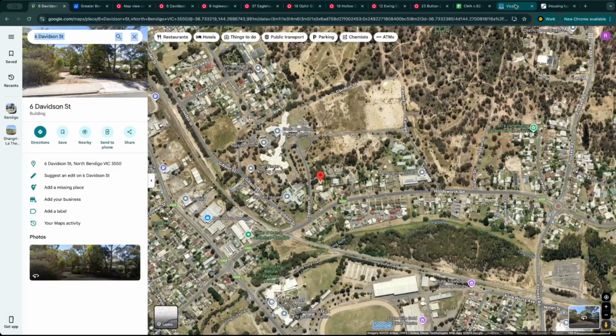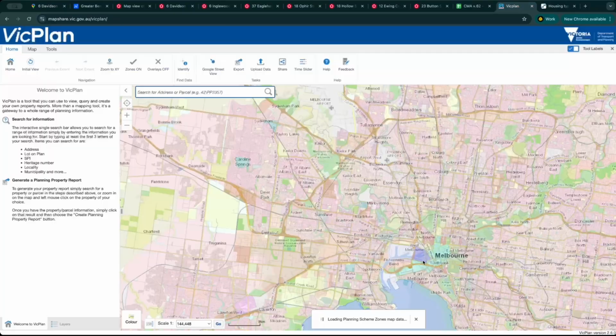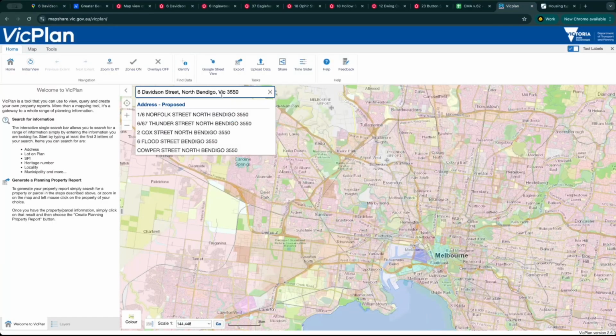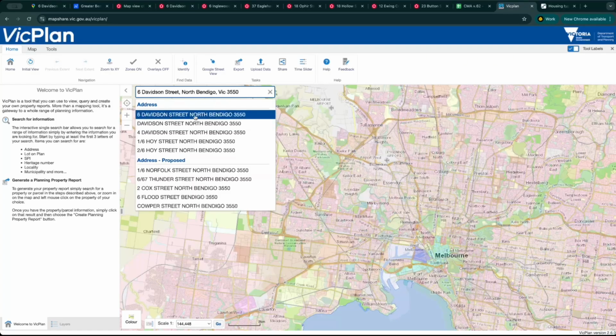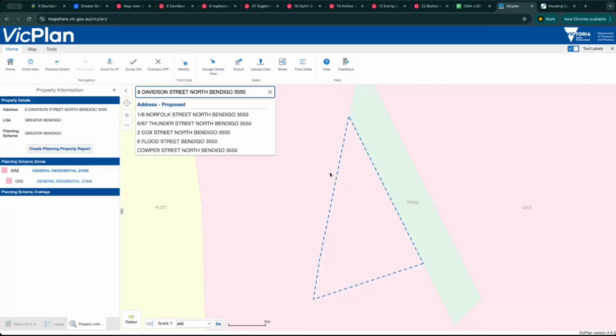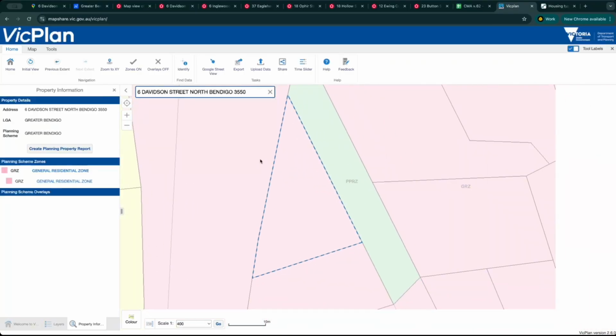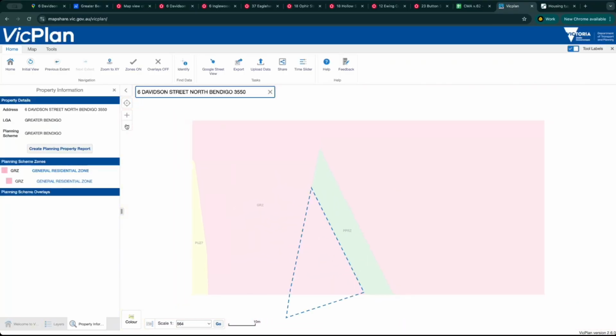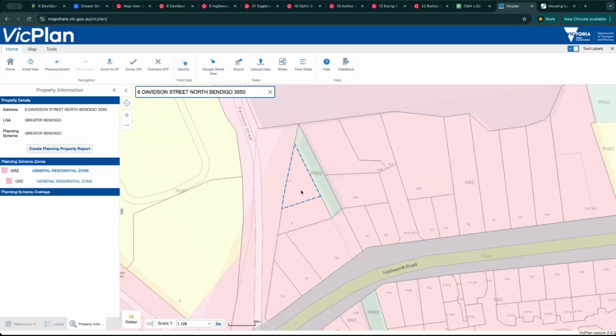Now, next thing is going to VicPlan. VicPlan is a website that you can use to look at the zoning for any particular property within Victoria. As you can see, it's a triangle-shaped lot, which is not great.